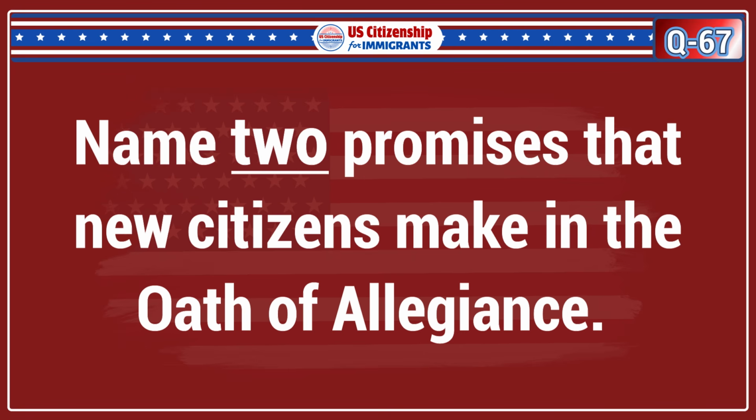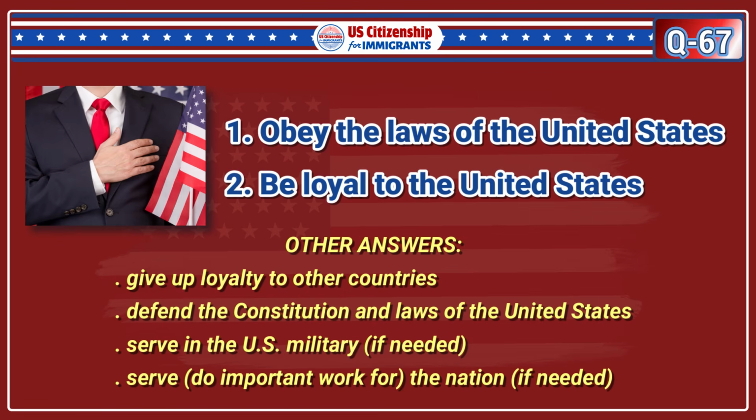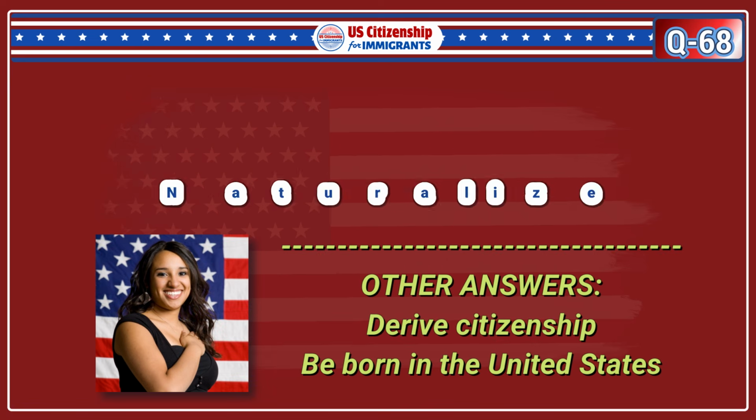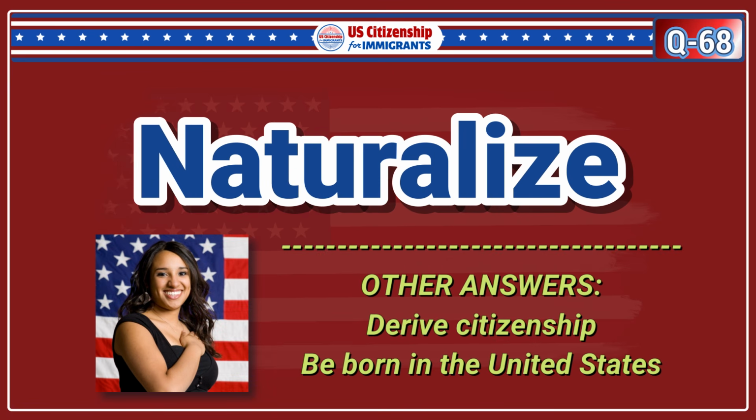Name 2 promises that new citizens make in the Oath of Allegiance. Obey the laws of the United States. Be loyal to the United States. 68. How can people become United States citizens? Naturalize.